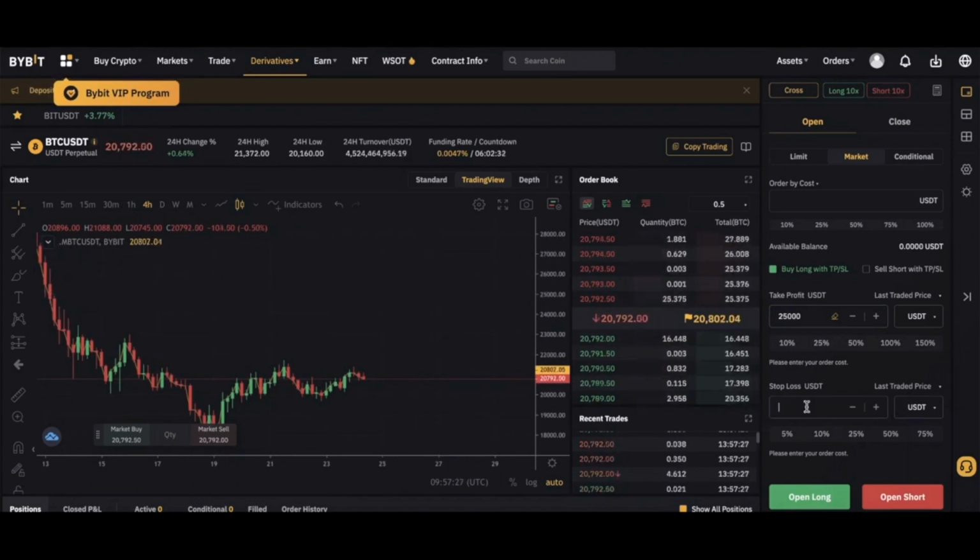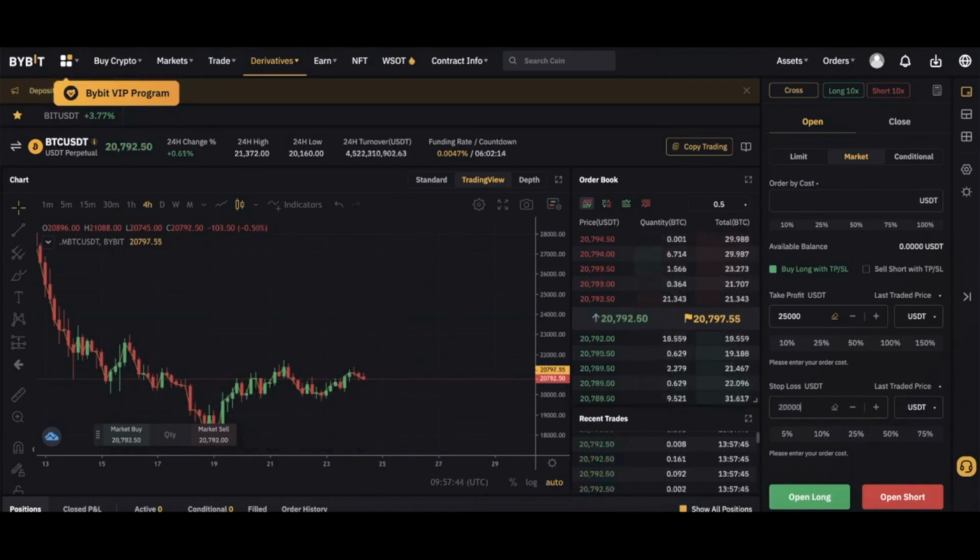Then we can also type in our stop loss. Stop loss means this: if the price goes in the other direction, and not the direction we are predicting, this is the maximum risk we can lose. So maybe we can make it 20,000 here.